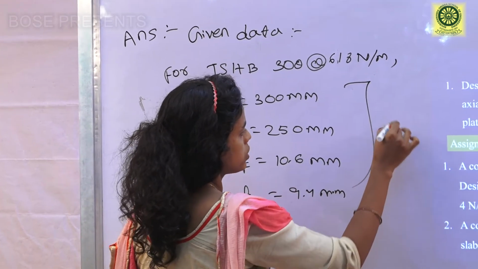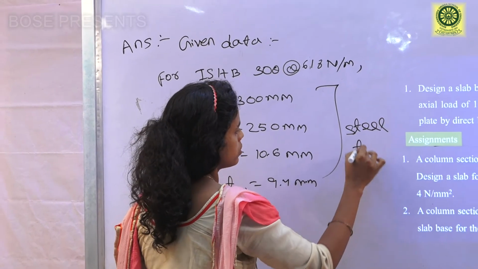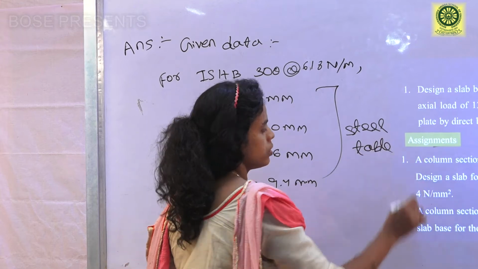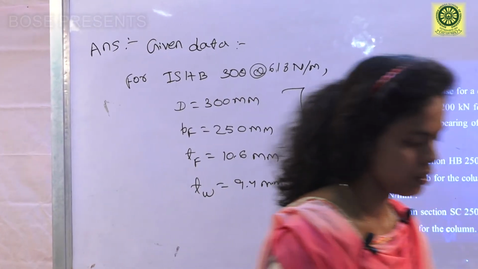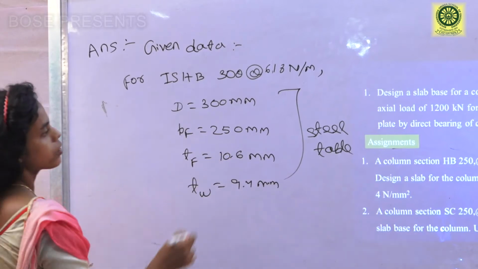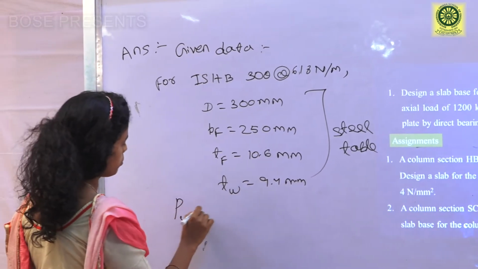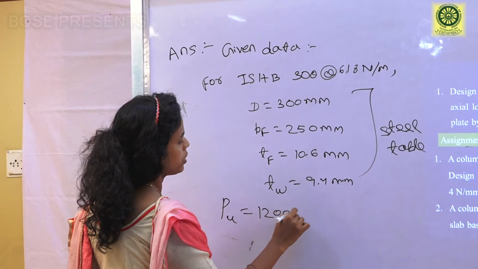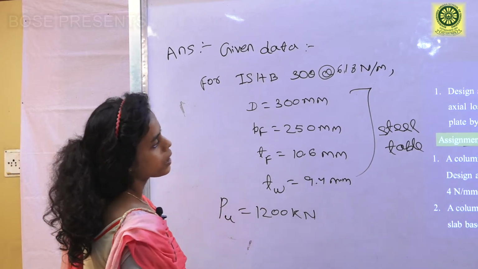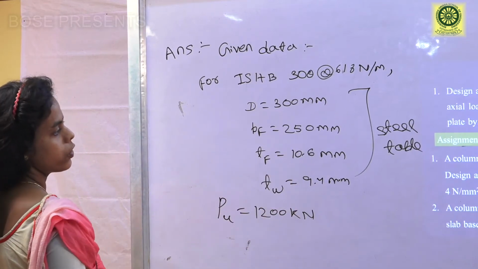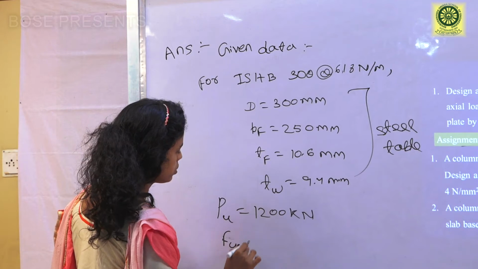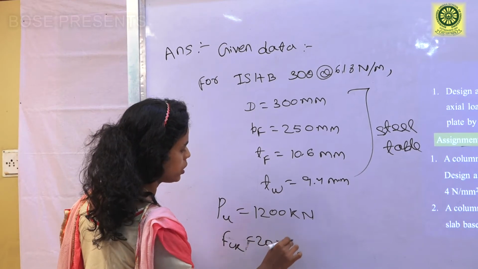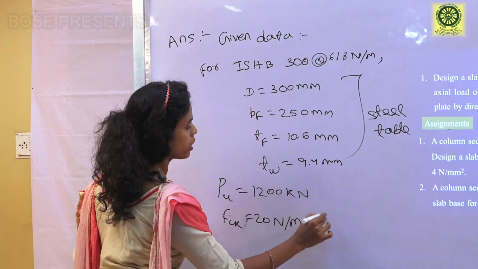This is as per steel table. Axial load given, Pu is equal to 1200 kN, and use M20 and Fe 410 steel. So for M20, fck is equal to 20 Newton per mm square.